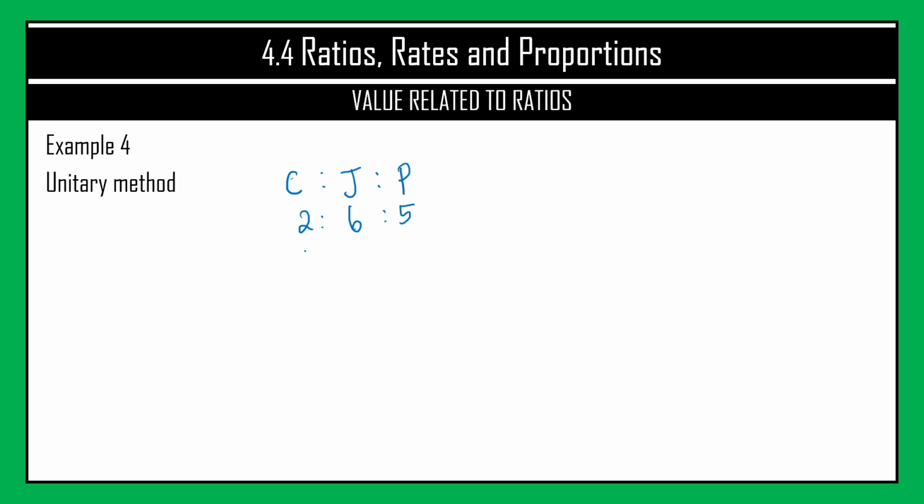And I do not know how much is for the canteen. I do not know how much the Jaya Bookstore donated, but I do know that the PIBG donated 900 ringgit.